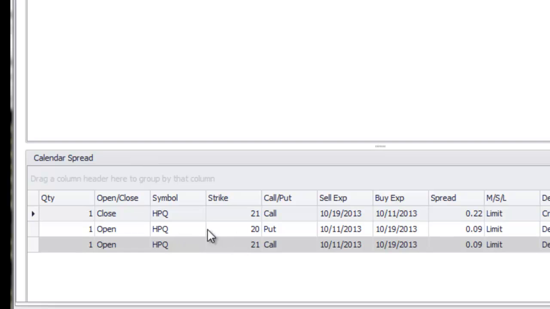Here I have an order to buy a debit calendar spread with puts, and then an open order to buy the debit calendar call spread, which is the one I just placed. Both are at 9. I'm also already in a debit calendar spread, and I have an exit order, so it's showing that exit order.